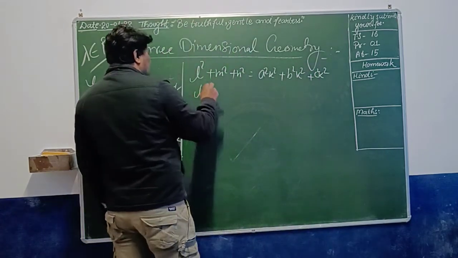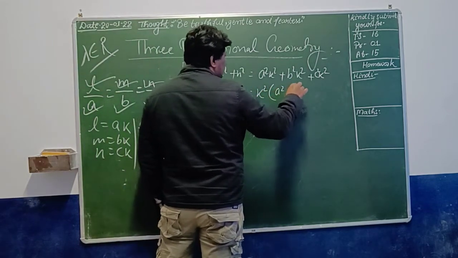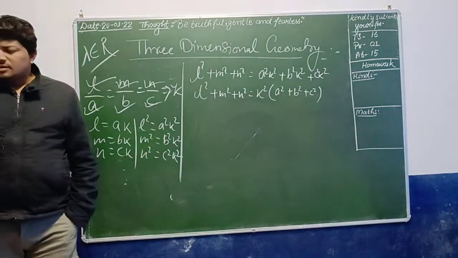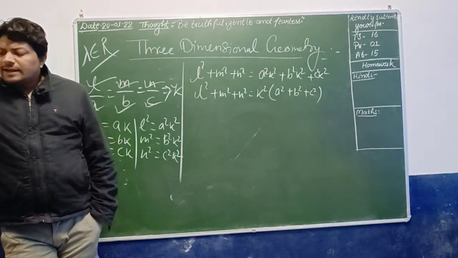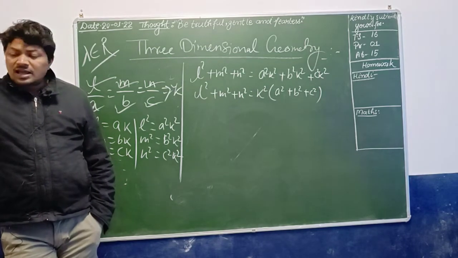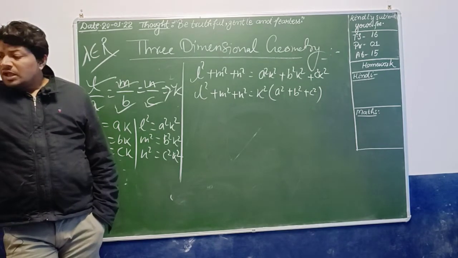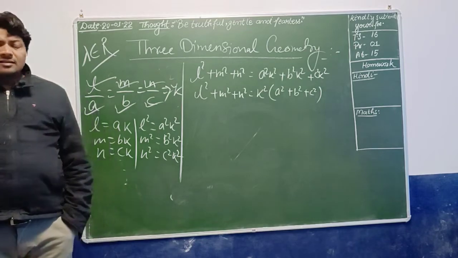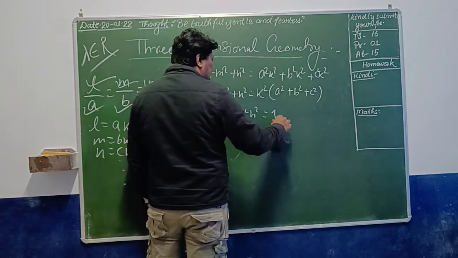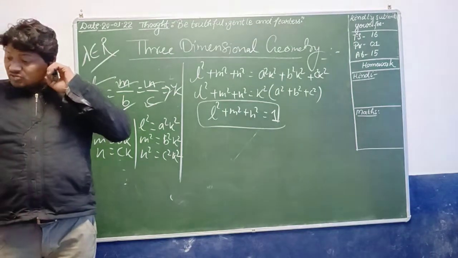Is it clear? So what you are actually getting is that L square plus M square plus N square is equal to K square times A square plus B square plus C square. Here we already have L square plus M square plus N square equal to 1.